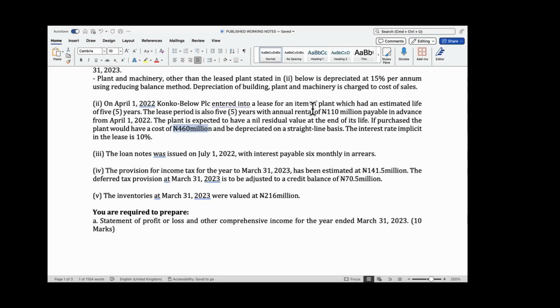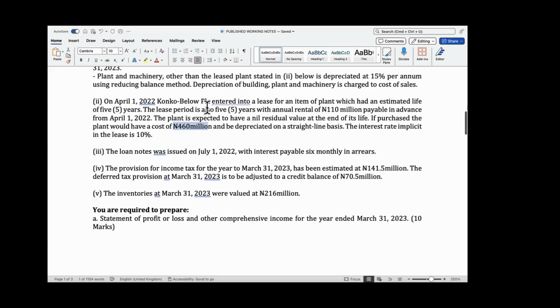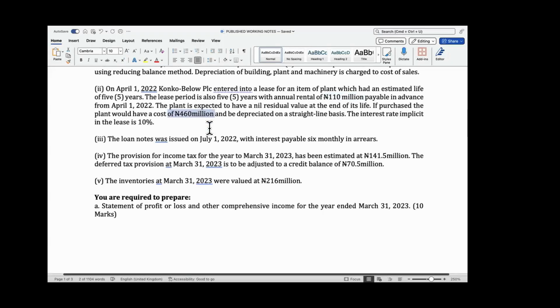Whereas IFRS 16 says that you recognize the asset at the present value of the unpaid lease rentals. So you need to get the present value of all the unpaid lease rentals, and that will be the basis of the asset you recognize and also the lease liability you would recognize. And I will show you other things involved. This is completely ignored.